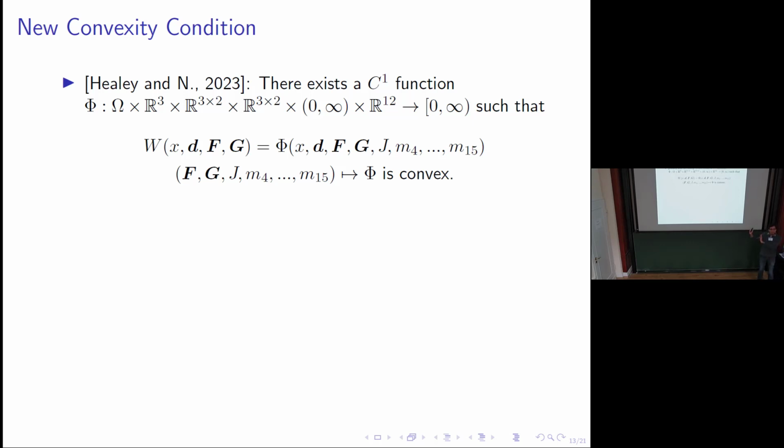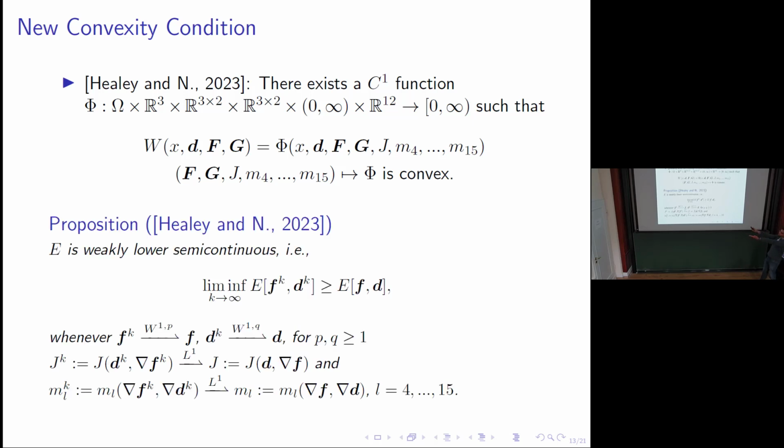Does anyone have any questions about what that actually says? Okay, so that means we can move on. We can actually establish lower semi-continuity with this slightly weaker notion. It's not polyconvexity, but it's weaker than the usual polyconvexity. So what does the lower semi-continuity result say?